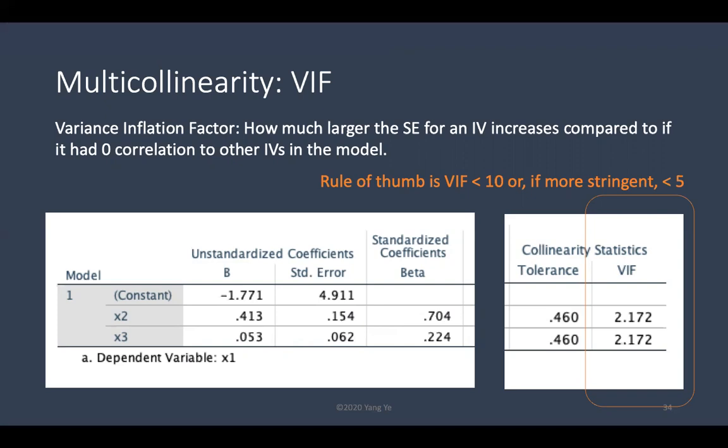If the standard error is inflated, it's less likely for the regression coefficient to become significant, because the t-test is basically dividing the b by the standard error. So your p-value is inflated. It's larger than it actually should be.